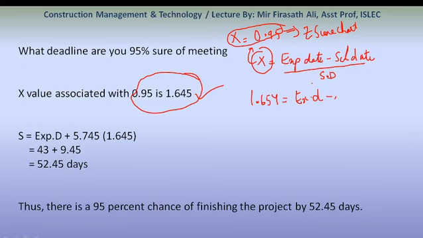First we will find the standard deviation. Our expected date is 43 days, from our previous network chart.